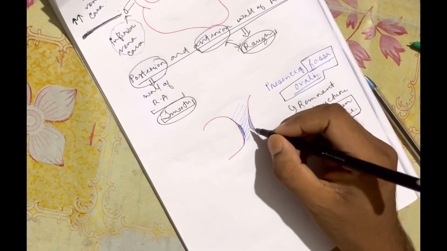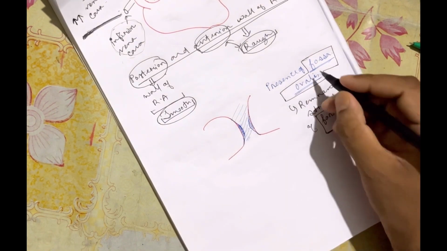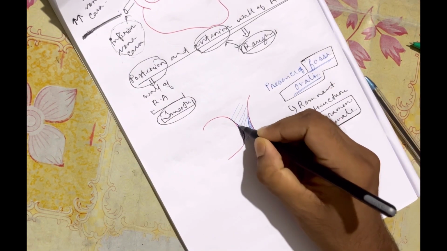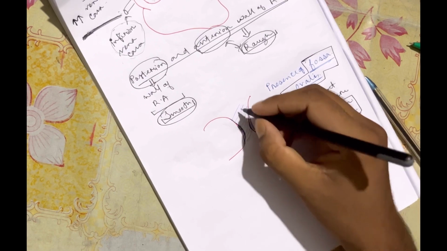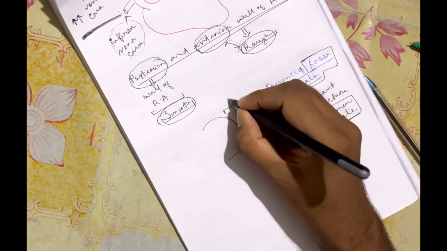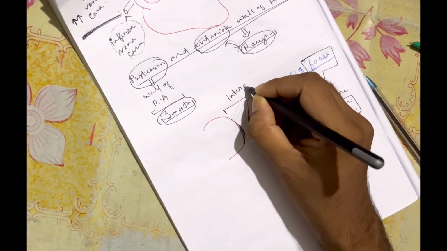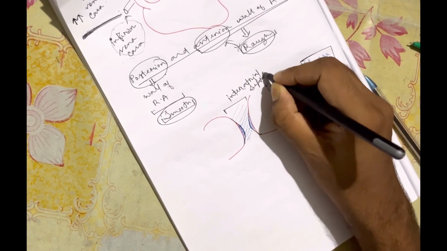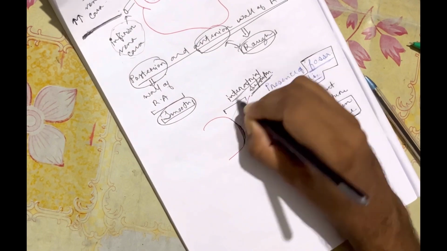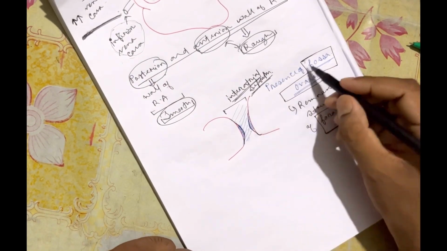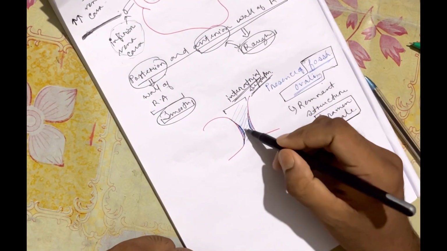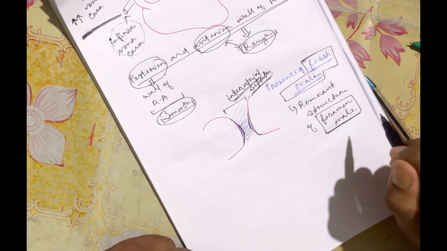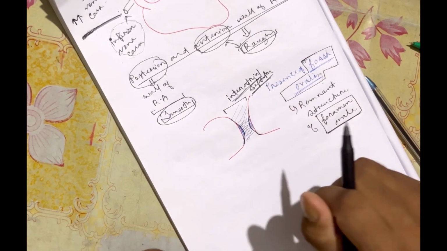Because of the presence of the fossa ovalis, the middle of our interatrial septum is quite depressed. So there is a depression present over here.